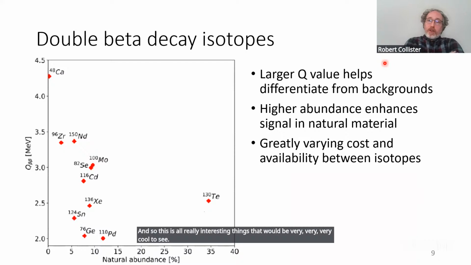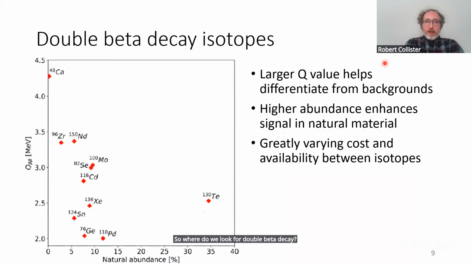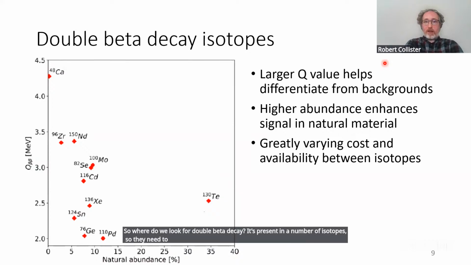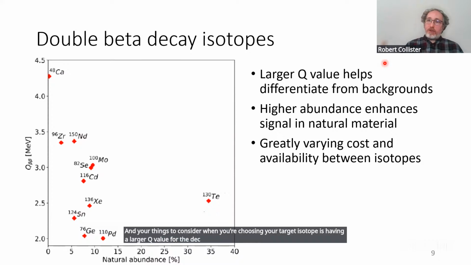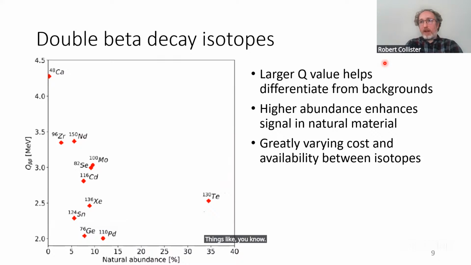So where do we look for double beta decay? It's present in a number of isotopes, so they need to be even, and have the energetics favorable. One thing to consider when you're choosing your target isotope is having a larger Q value for the decay, so the higher energy involved in the decay helps you differentiate it from backgrounds, things like beta decays from the rocks around you.